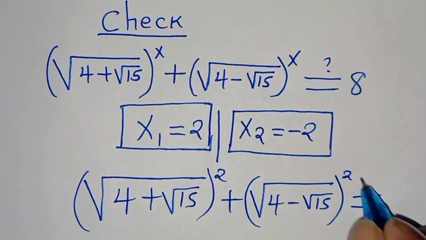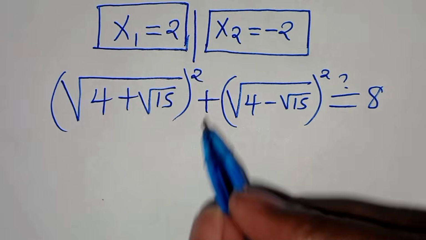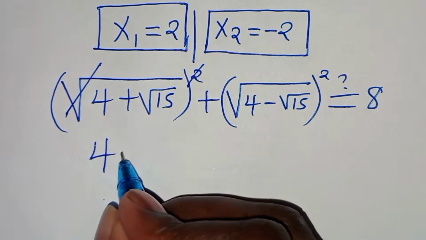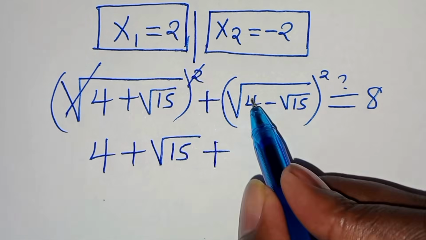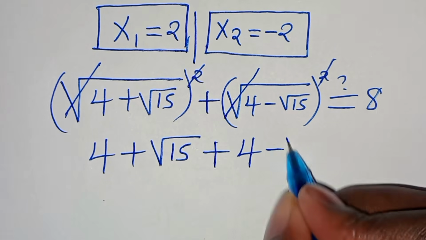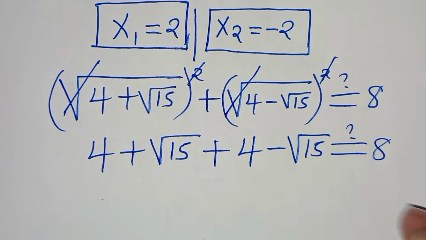This should give us a value of 8. So essentially, let's eliminate the square root sign. So this is 4 plus square root of 15, plus, again eliminating the square root sign, 4 minus square root of 15. This should give us a value of 8.